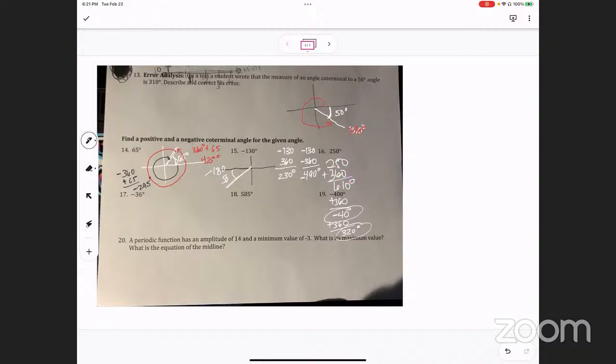And then it would be 250 minus 360. Okay. Yeah, I understand how to do that now.